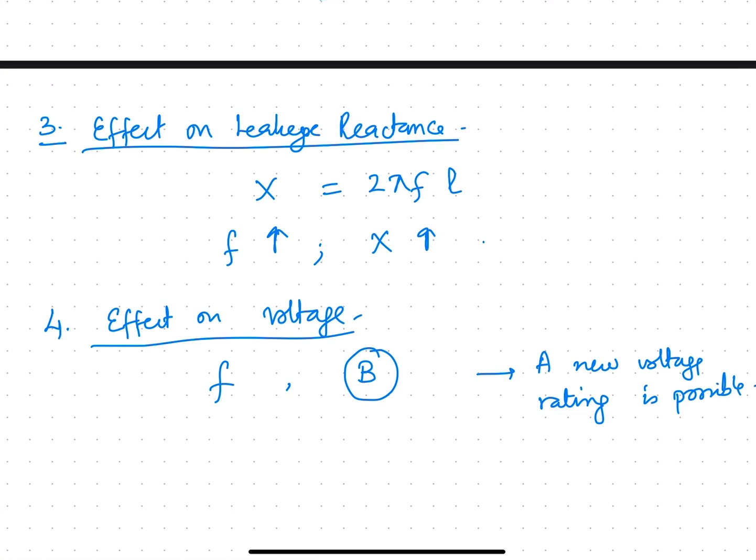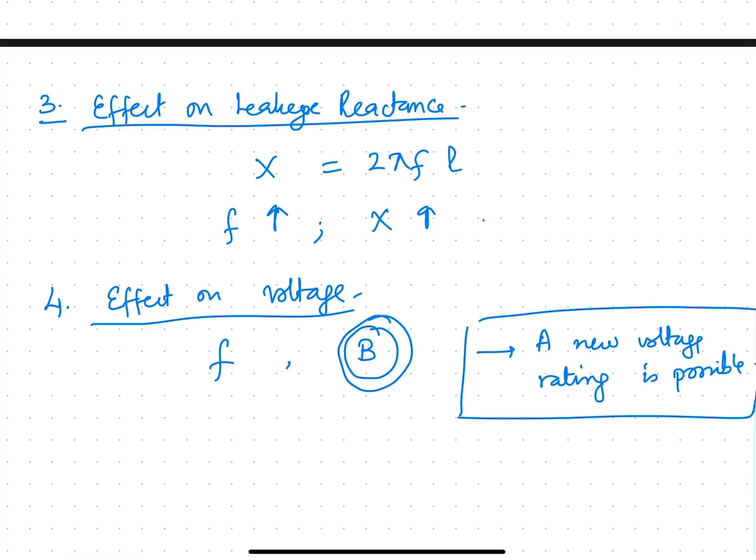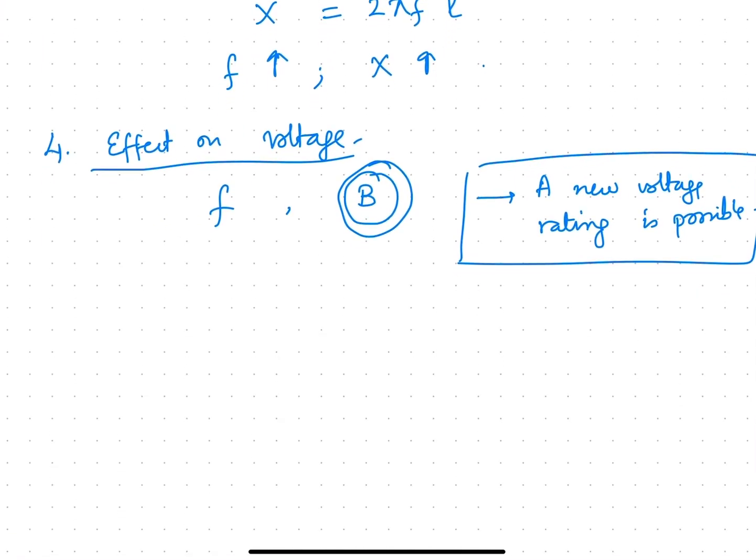Because if you increase frequency, the voltage can be increased further if you change this B. So you can have a higher operating voltage for the transformer. But for this new voltage rating, what is required? The iron loss and the no load current have to be recalculated.